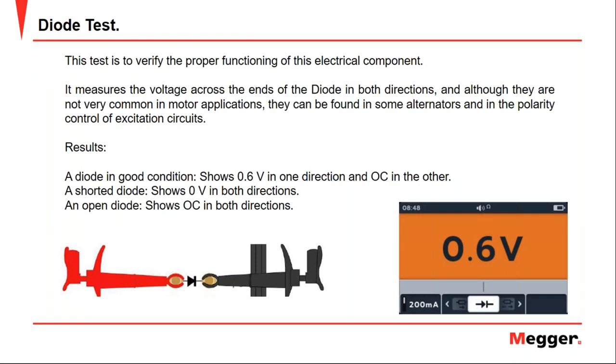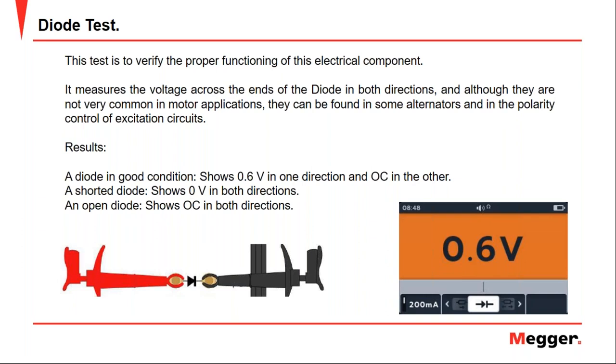Diode test. Okay, the diode test measures the voltage in both directions, in both sides of the diode, because as we know, diodes only conduct electricity in one direction. So having the voltage reading in both directions, we can detect any damage to this device. If we do the test, how do we know that the diode is working like it should?